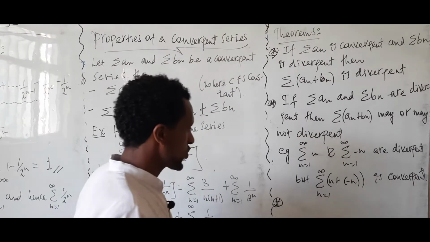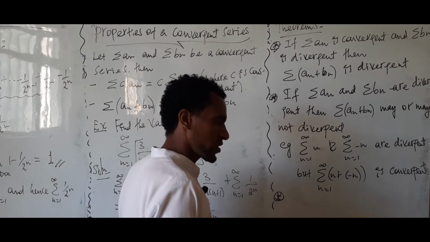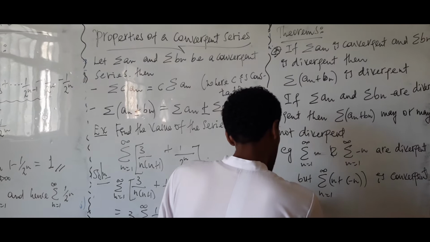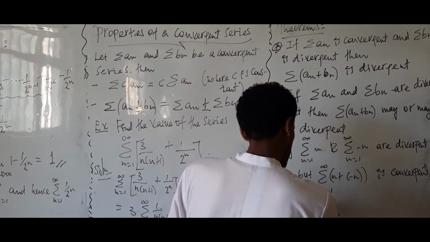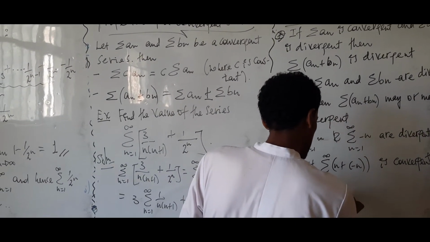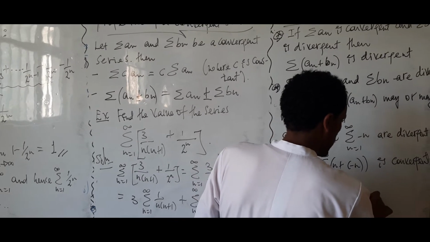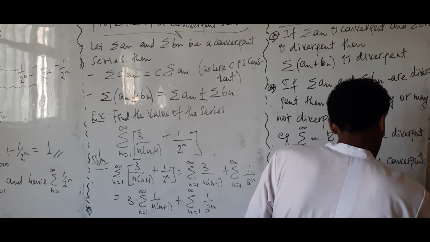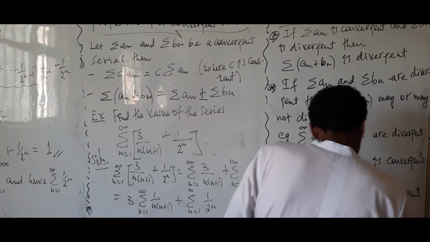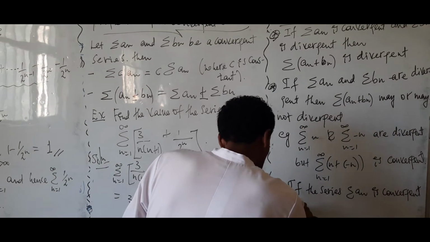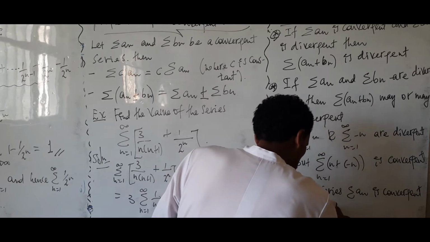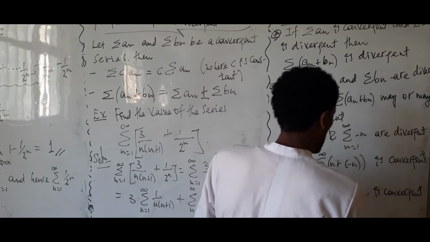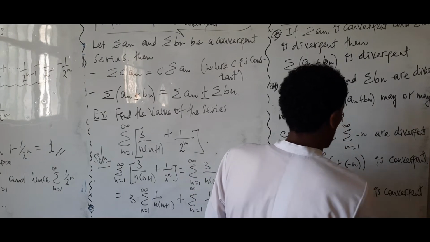There is also the theorem called the term test. If the series, the sum of an, is convergent, then the limit of an as n goes to infinity is equal to 0.